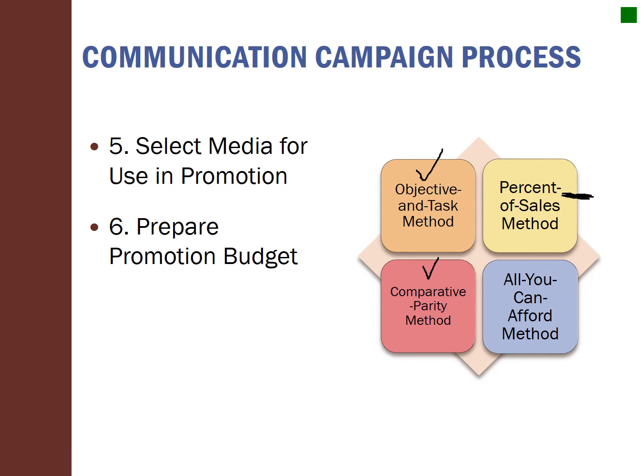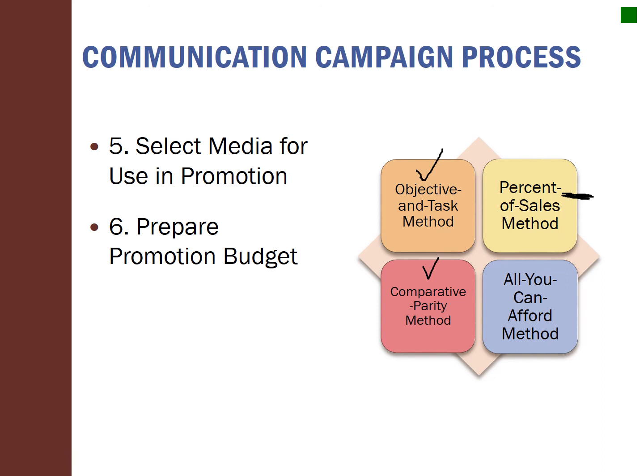The problem with that, well, there are lots of problems, but the biggest problem that I think of is this idea that if sales go down, it means our advertising dollars will go down. And that's very counterintuitive. When your sales go down, generally you want to increase your advertising to build awareness and meet the goals that you have. So again, it's counterintuitive.